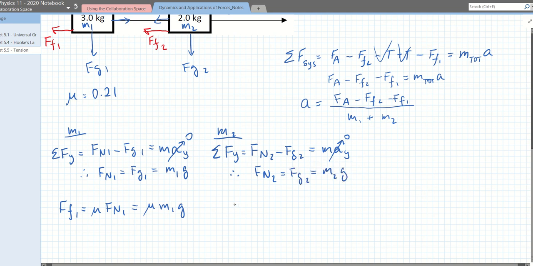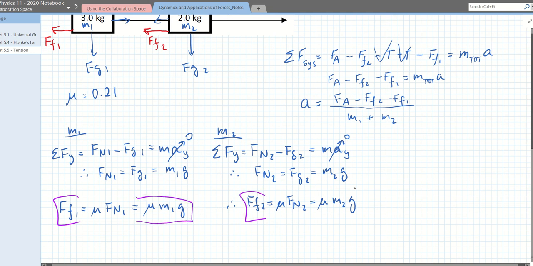So now we could say, therefore, our Ff2 equals, again, mu Fn2, which is going to be mu m2 times g. So now we're going to take these two, Ff1 and Ff2, and plug that in here.